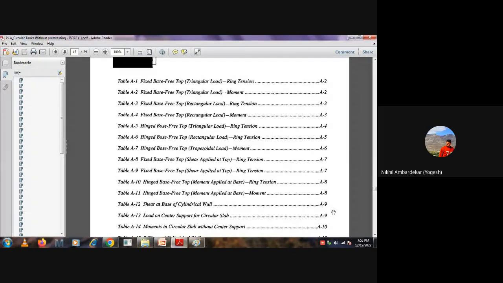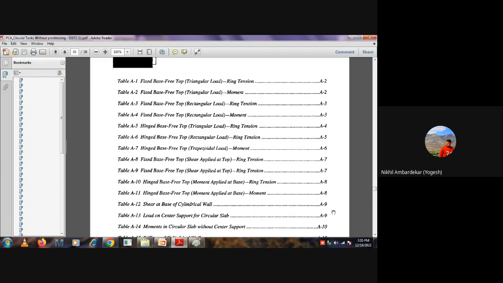Fixity means support. Our wall is fixed at the base to the base slab, so obviously our shear force will be maximum at the base. If you go away from the base slab, the shear force will be reduced.